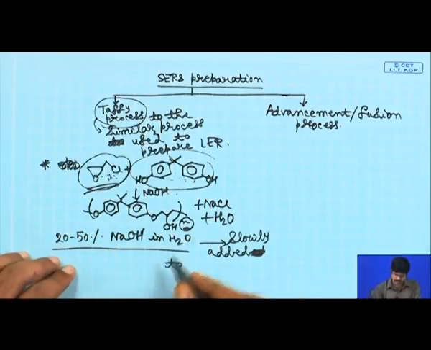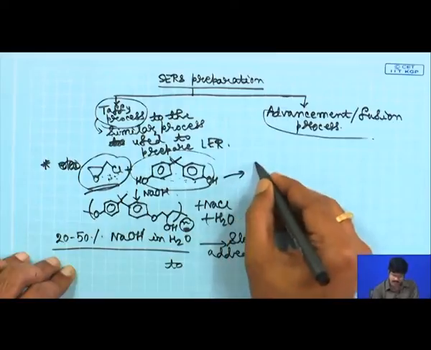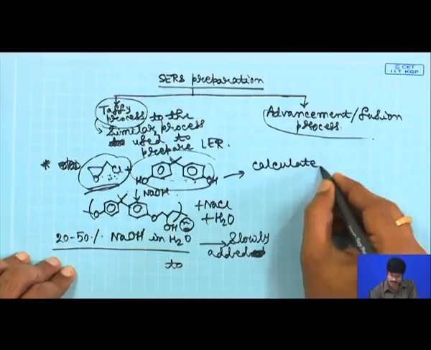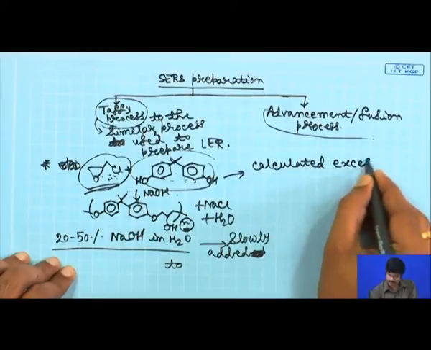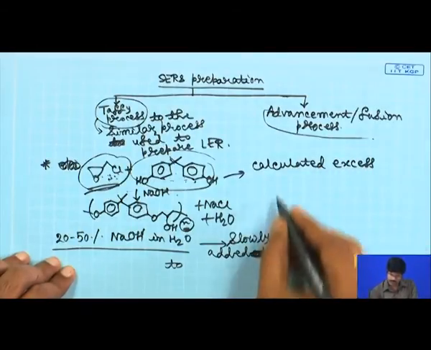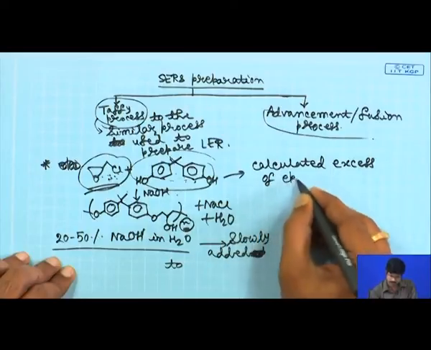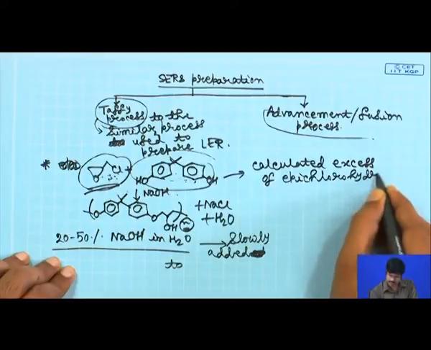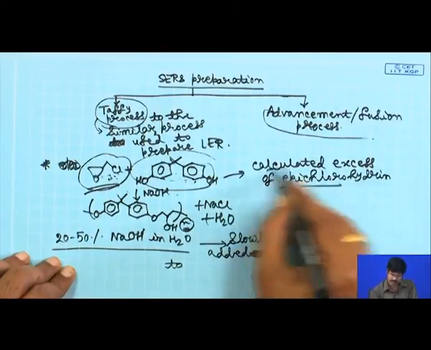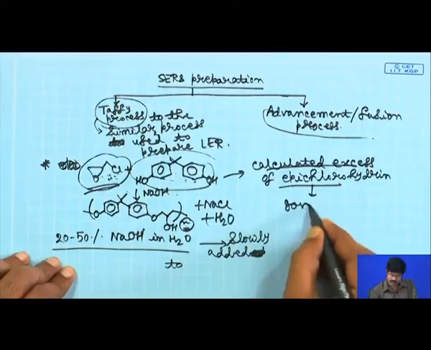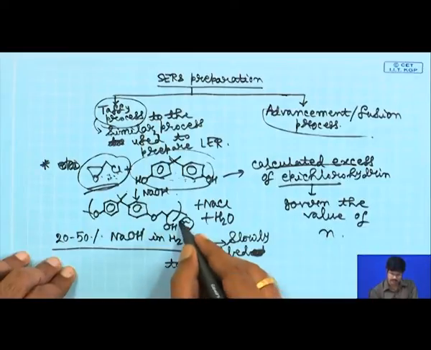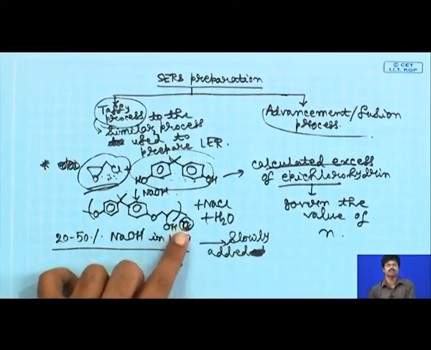So, what you do is you use a calculated excess of epichlorohydrin, and that will govern the value of N.